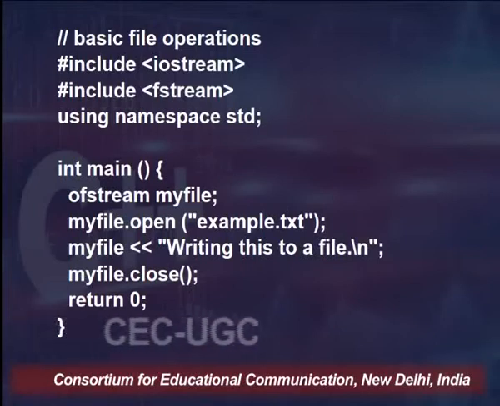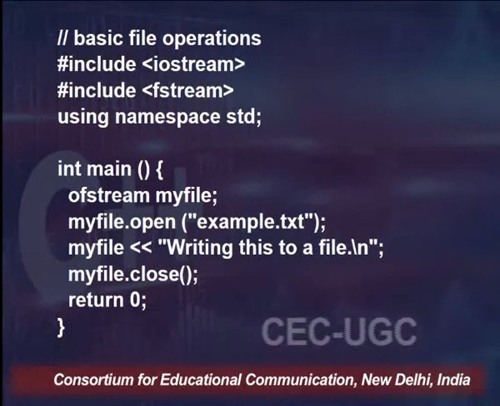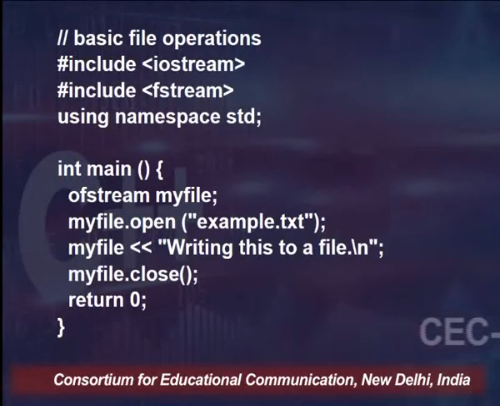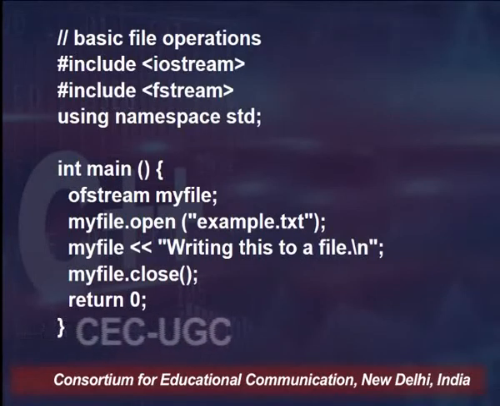Now what will happen here? The file example.txt is going to open, and we are going to write "writing this to a file", and then we have closed the file.